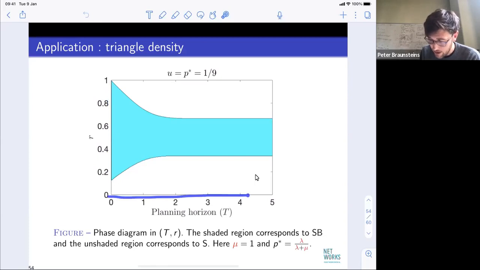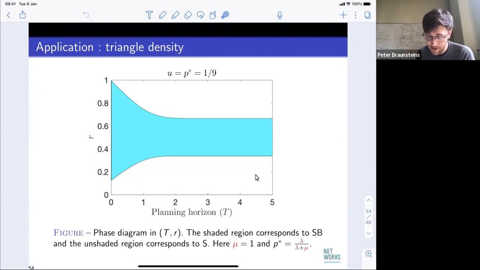T is the planning horizon, so time capital T. Shaded corresponds to symmetry breaking, which is when the optimizer is a non-constant graphon, so not equal to the constant graphon R, and the unshaded region is the symmetric regime where the optimizer is the constant graphon R. To understand this picture, it might be best to look at the two extremes.